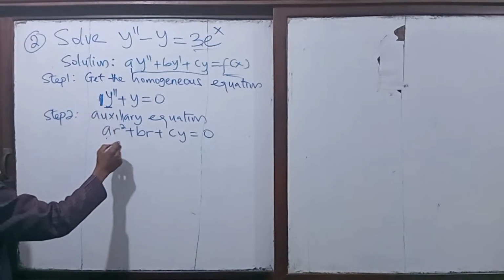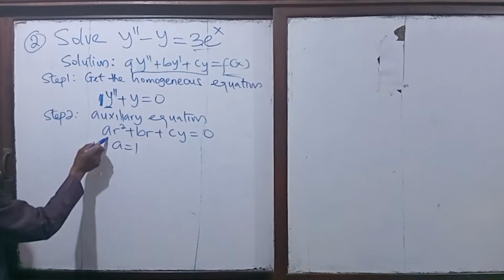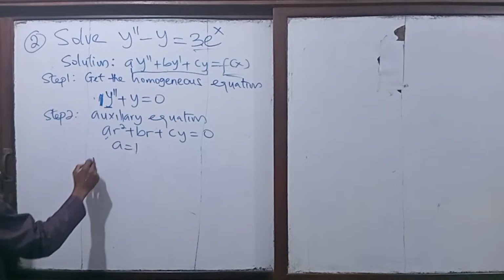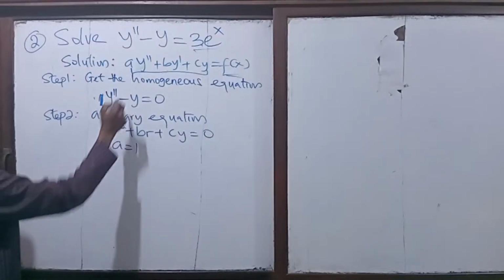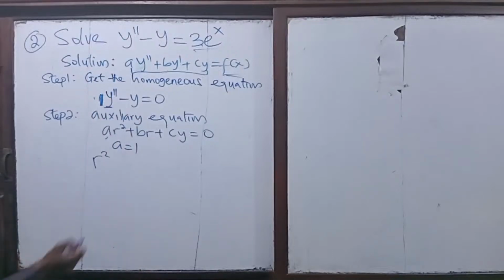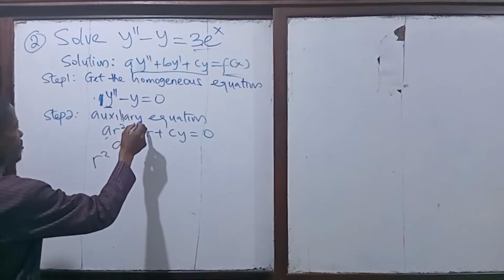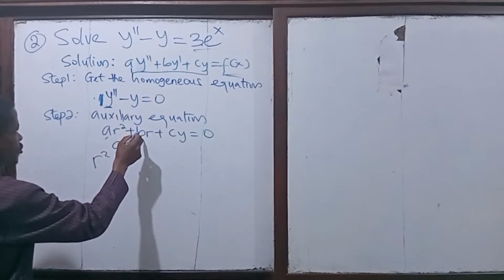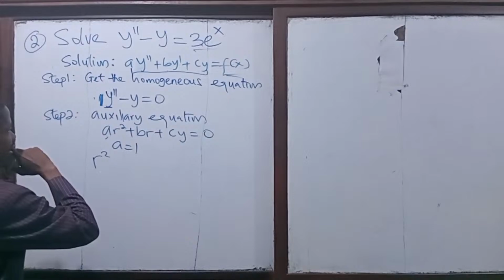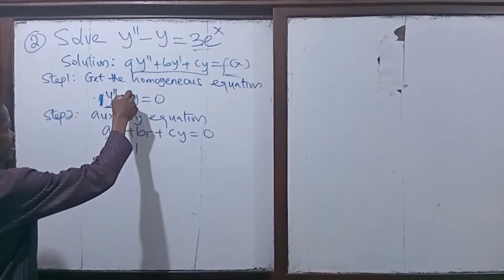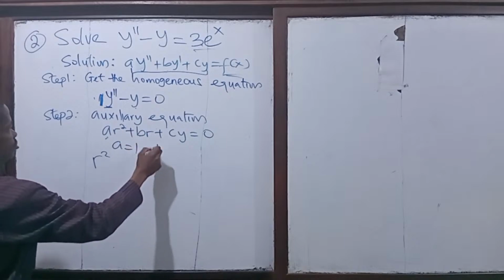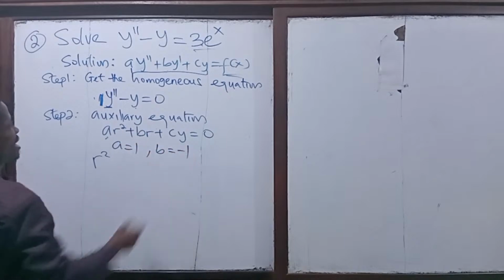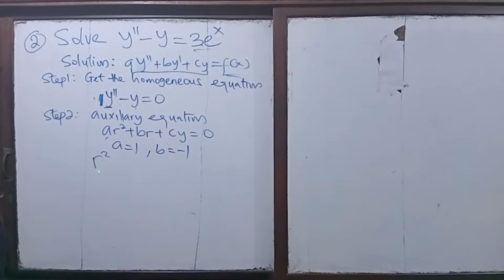So a is what? A is 1. Correspond this one together, so you have r squared. Why am I writing plus? This is minus. Then the attachment to your y is 1. So b is minus 1.